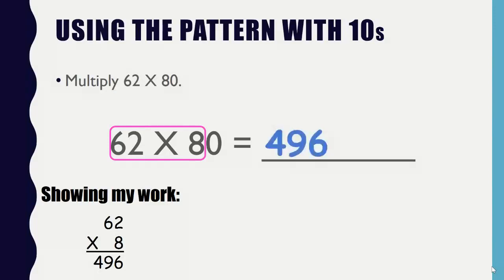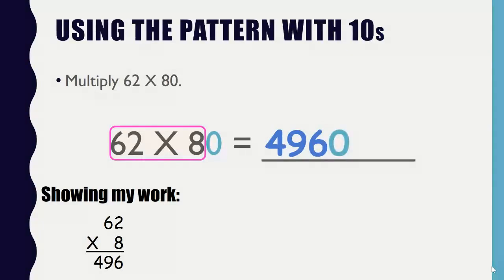I'm going to take my answer and write it down here. Now I'm not quite done, because I can't forget that my problem is not 62 times 8, it's actually 62 times 80. If we have a 0 or zeros on the left, we can attach the same amount to the right. In this case, we only have 1 zero, so we'll go ahead and attach it.